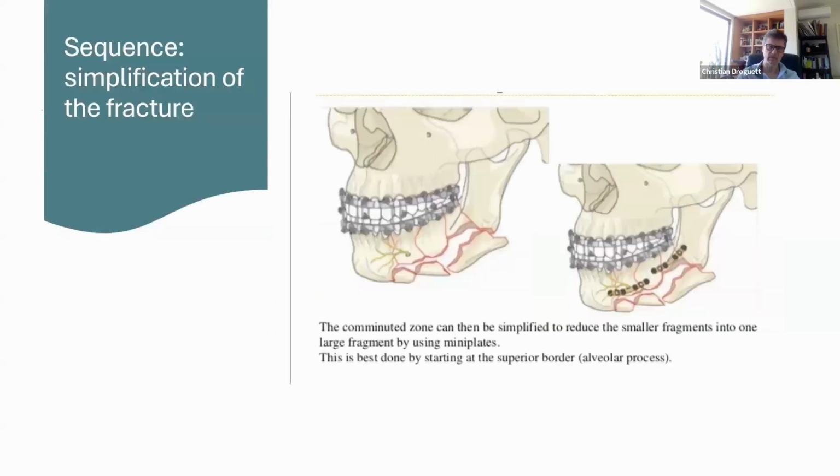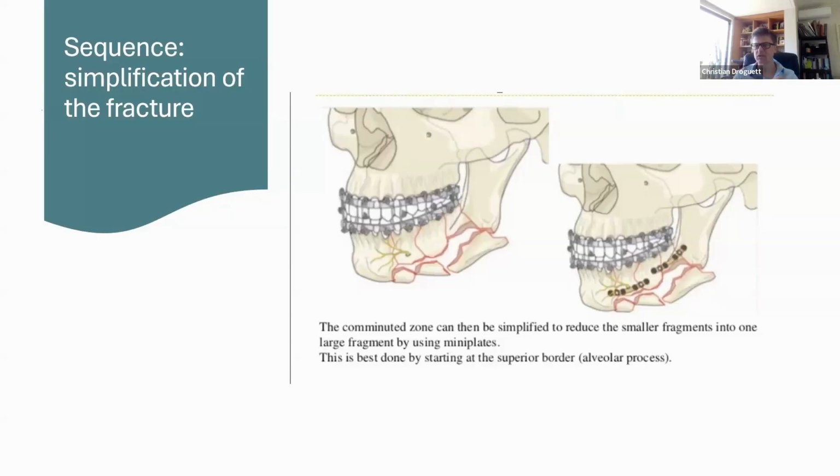Well, we should start with the simplification of the fractures. This means putting in position the little pieces of bone or the big pieces of bone and fixing them with little plates, mini plates, in order to assemble this kind of puzzle of bone in the mandible.